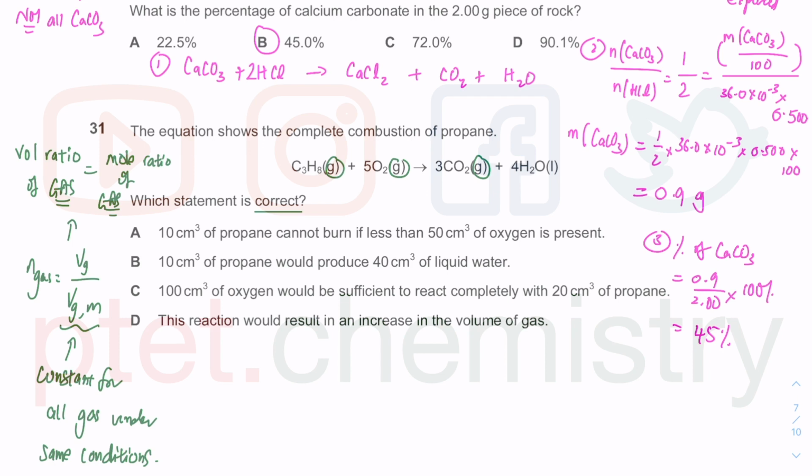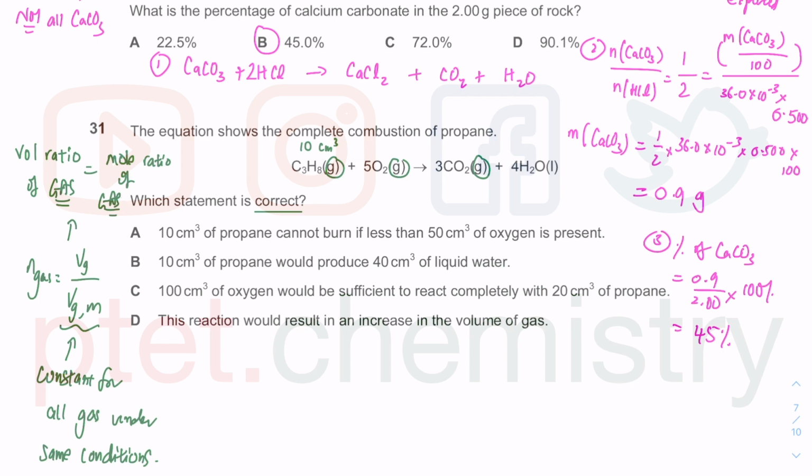What do we know? If we look at statement number 1, if we had 10 cm cube of propane, then how much oxygen is required? 1 mole of these requires 5 mole of these. So 1 volume of these requires 5 volume of these, based on this idea that volume ratio of gas is the same as mole ratio of gas, but only for gas.